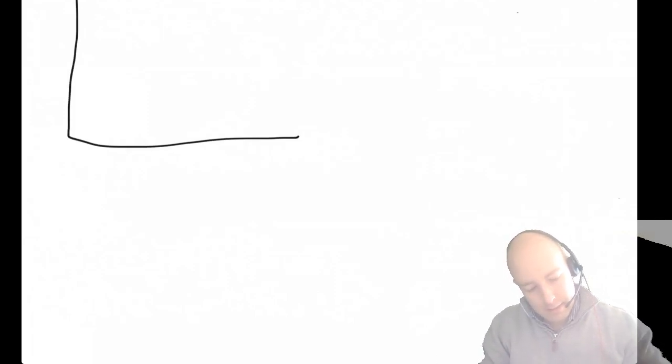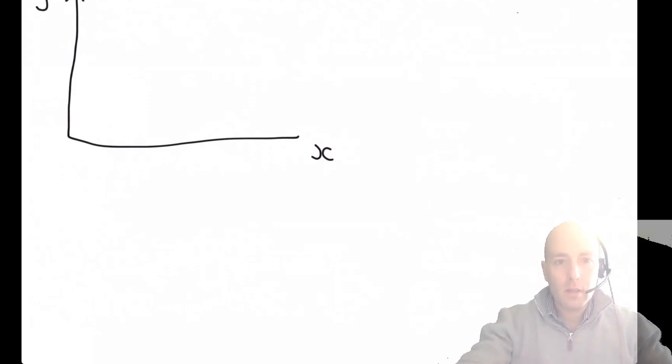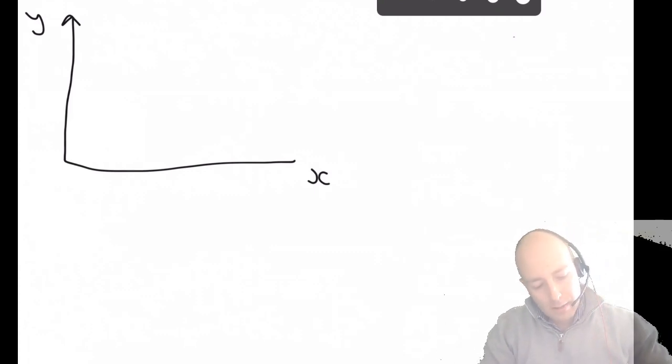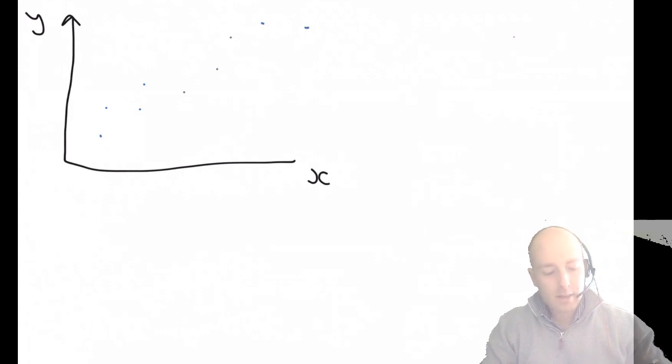So if we've got data, we're talking about two variable data, so we're plotting x against y. We'd normally end up with some kind of scatter graph.